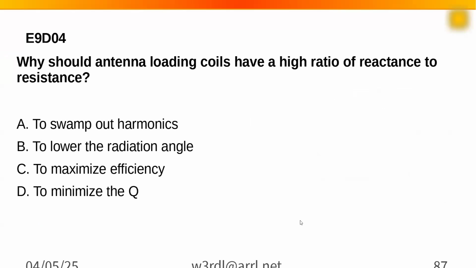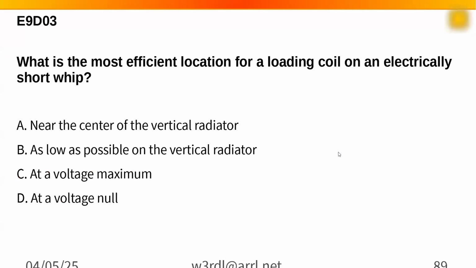Why should antenna loading coils have a high ratio of reactance to resistance? What's the most efficient location for a loading coil on an electrically short whip?